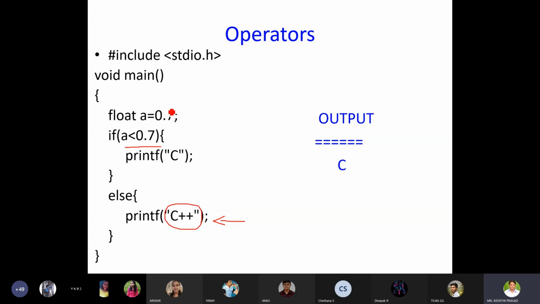So here, what is A? What type of variable A is? Float. What is 0.7? Float or double?